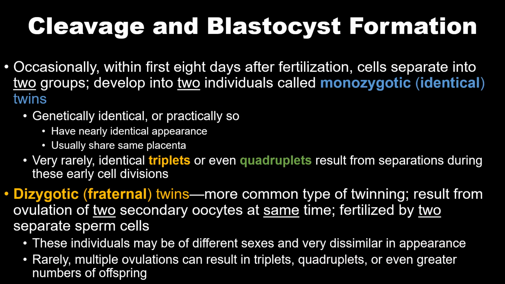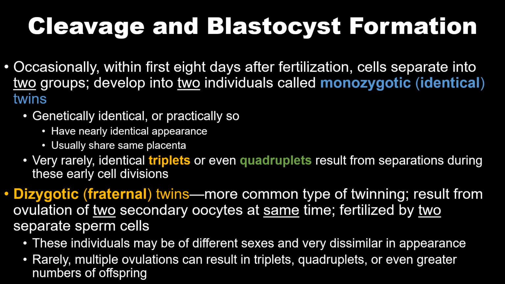Now, during these early cell divisions, what can occur is the cells will separate into 2 groups, and they'll actually develop into 2 individuals. These are monozygotic twins, identical twins. They are 100% genetically identical and have a nearly identical appearance.